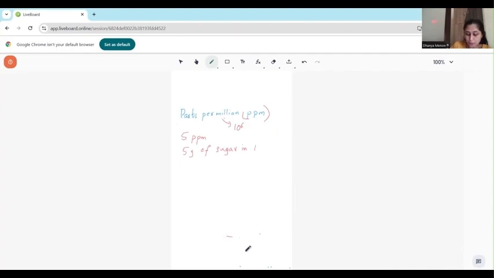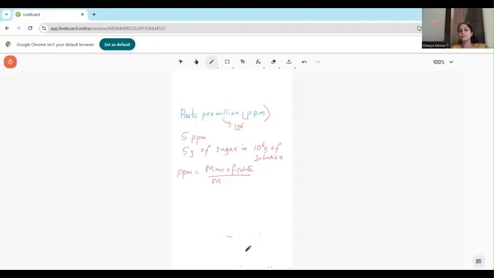So see, such a minute amount: 5 grams in 10 raised to 6 grams of the solution. So it is used to measure very small concentration terms. So I have parts per million. The formula is mass of the solute by mass of the solution.